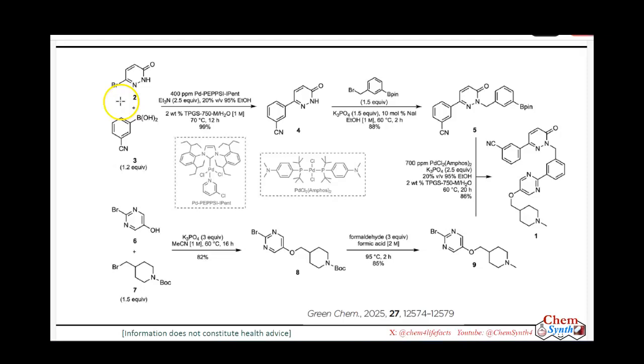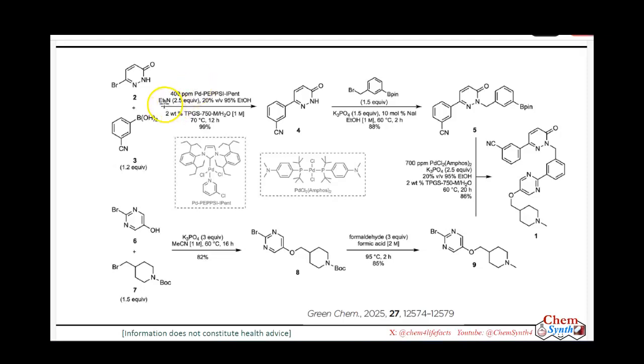The first step is a Suzuki-Miyaura coupling reaction between this bromo heterocycle 2 and this meta-cyano phenyl boronic acid. For this coupling reaction, they have used Pd-PEPPSI complex as the palladium catalyst. You can see here they have used 400 ppm of palladium as catalyst, so it's much lower concentration.